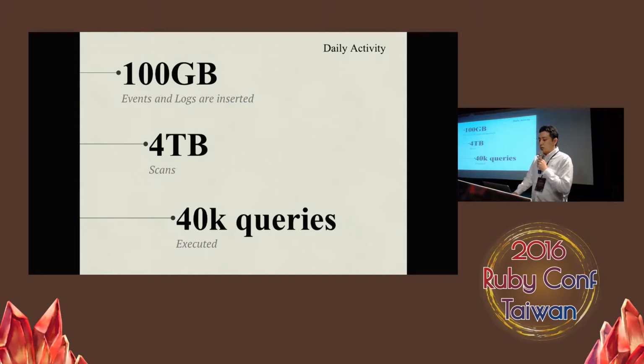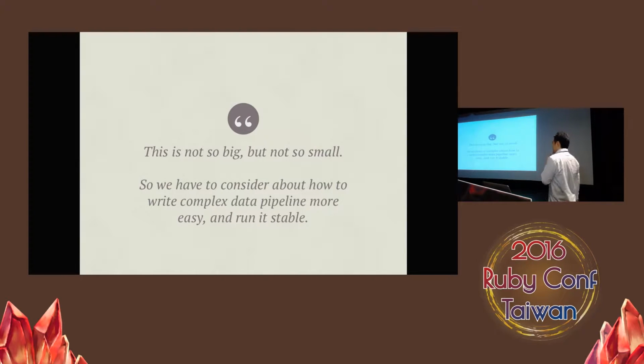Okay, so this is not so big. Yeah, there are many big companies in the world, but I think these figures are not so small. So we have to consider how to write complex data pipelines more easily and run them stably to drive our business.